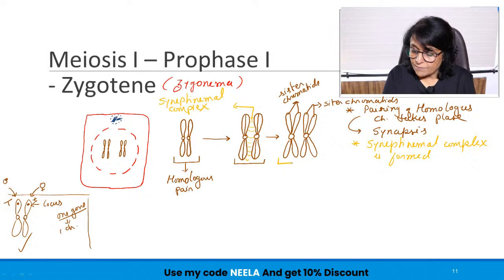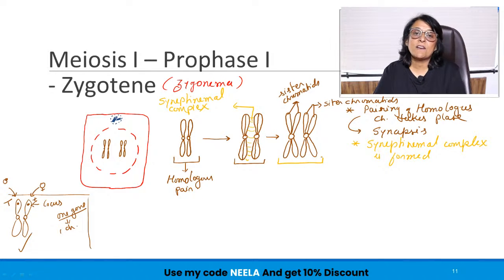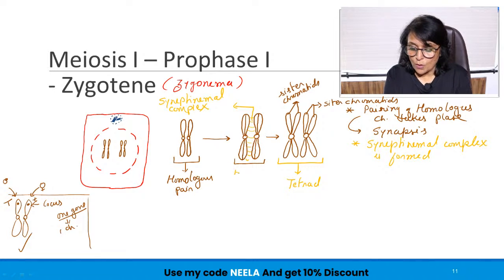In this case, once the sister chromatids are visible, on every side we see four arms. Two sister chromatids of one chromosome and two sister chromatids of the other. This is called a tetrad. The pair was called bivalent.